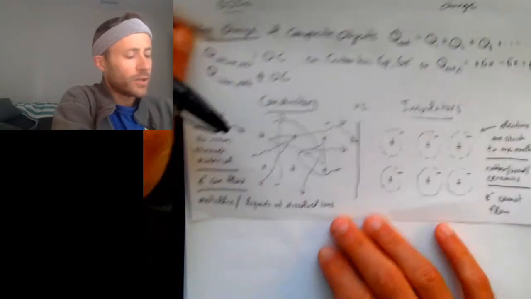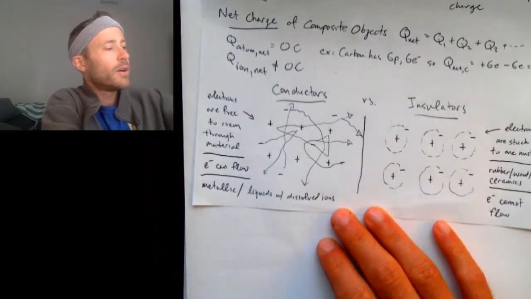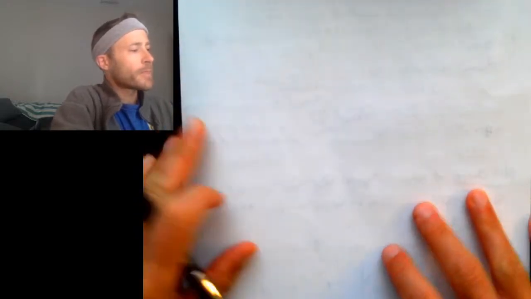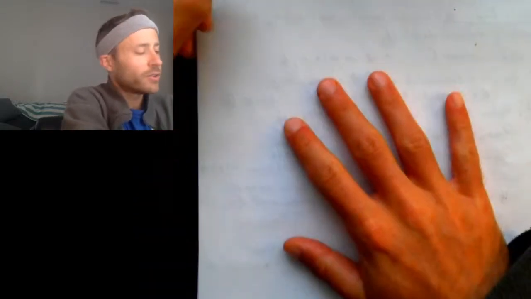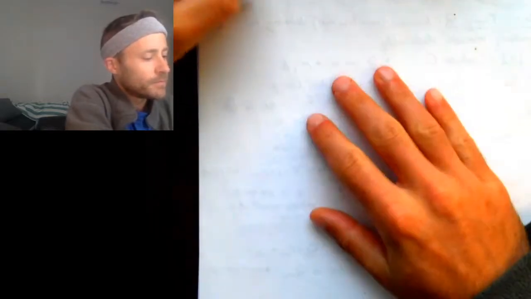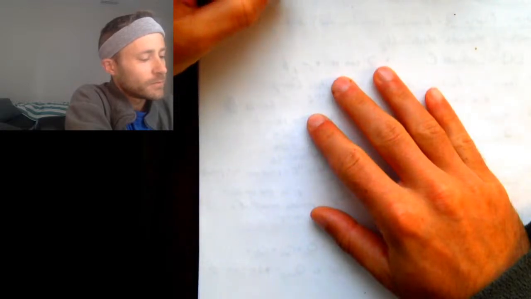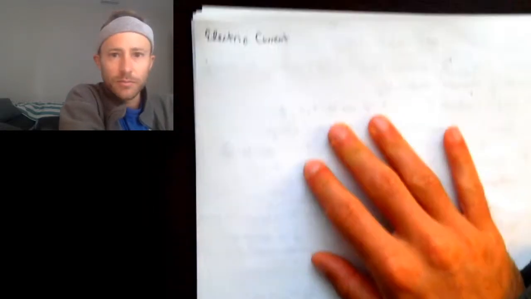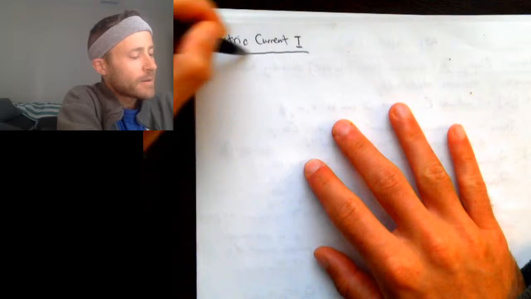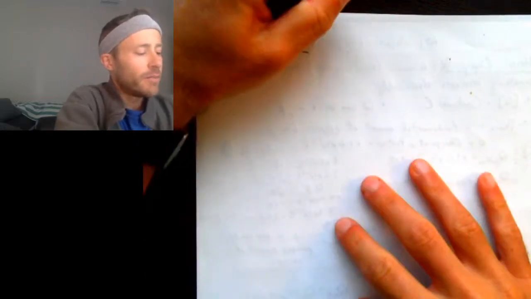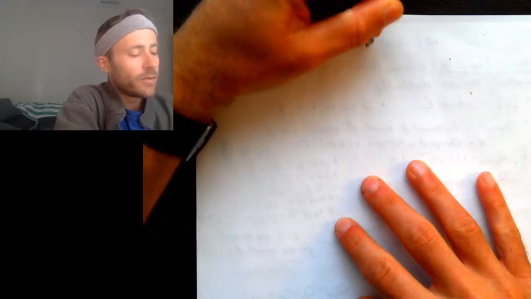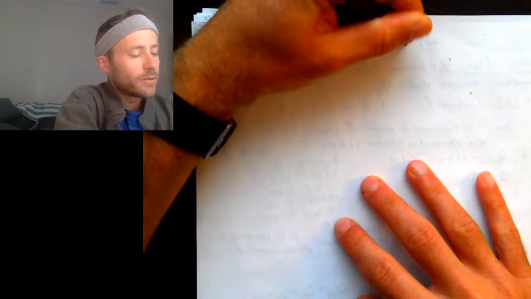Okay, so we've been talking about this flow of electrons. So what is the flow of electrons? There's a thing called electric current, which is denoted by I. And it is a measure of the flow of charge.